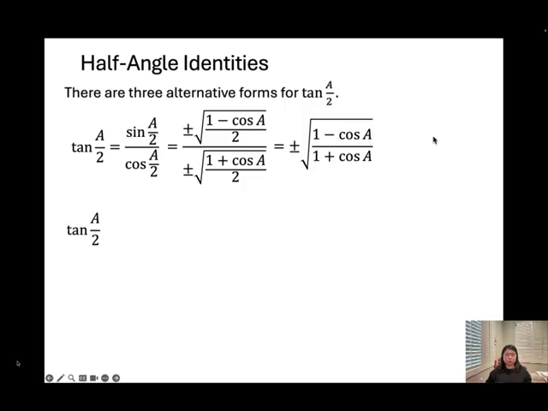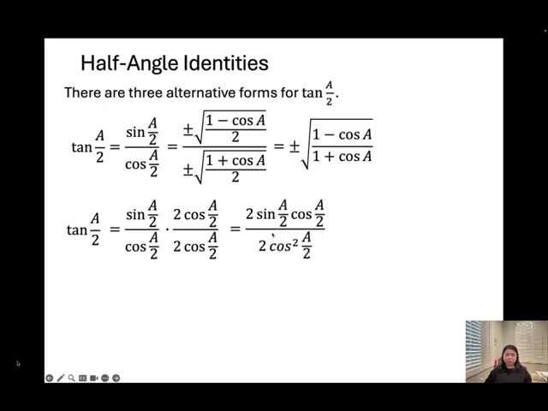Second one, we do the same thing. We have tangent a over 2 as sine a over 2 over cosine a over 2. Instead of plugging in the half-angle identities here, I will multiply by 2 cosine a over 2 over 2 cosine a over 2. Why do we need to multiply by 2 cosine a over 2? When I multiply it, do you see something familiar? There's a 2 sine a over 2 cosine a over 2.